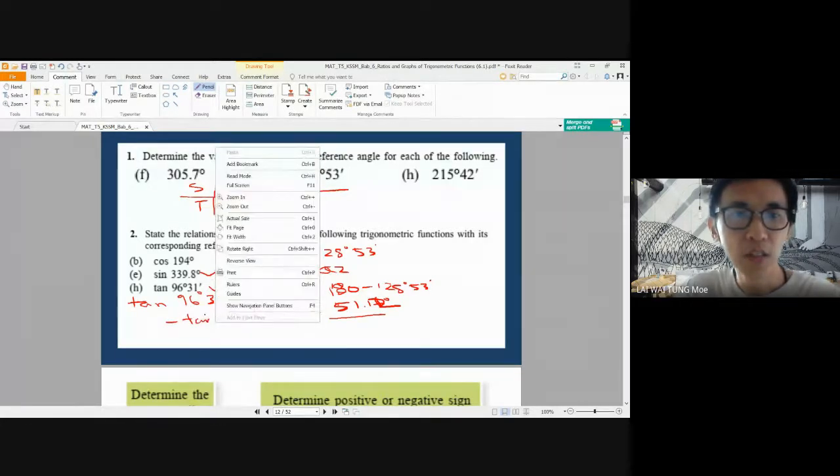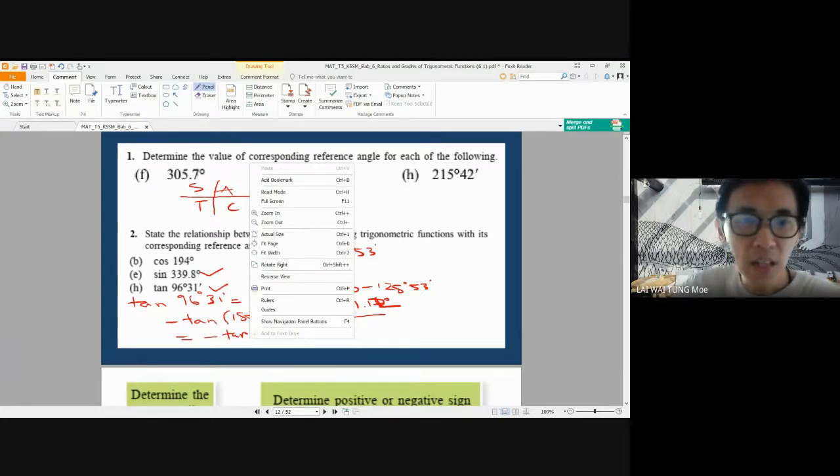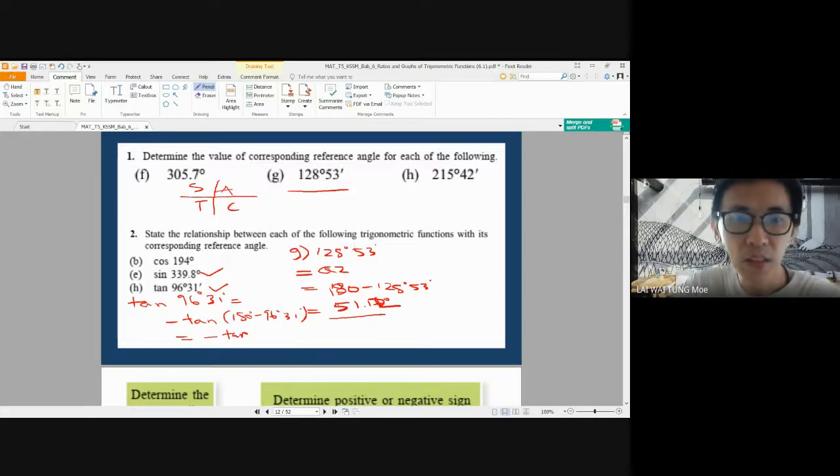So in the second quadrant, how to find the alpha? You take 180 minus 96 degree 31 minute. Your answer should be negative tangent of 180 minus 96 degree 31 minute.